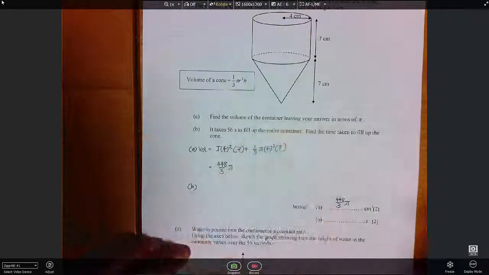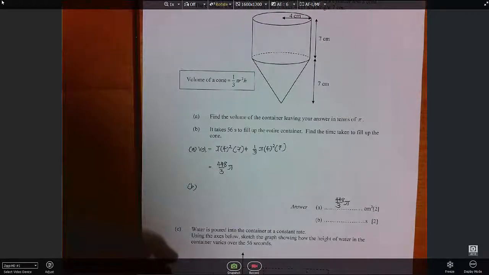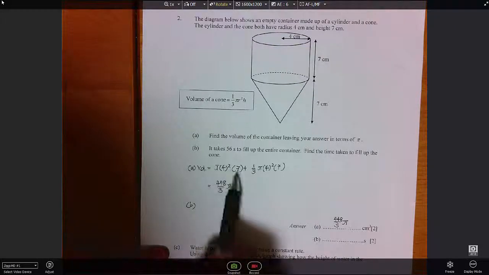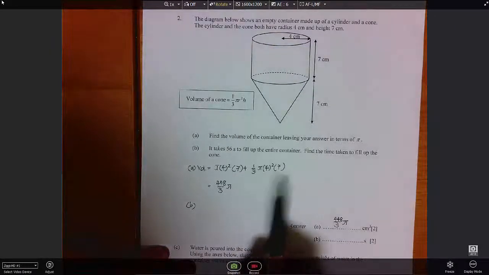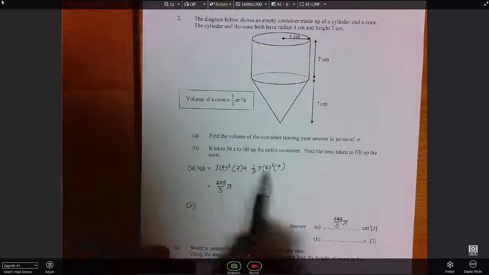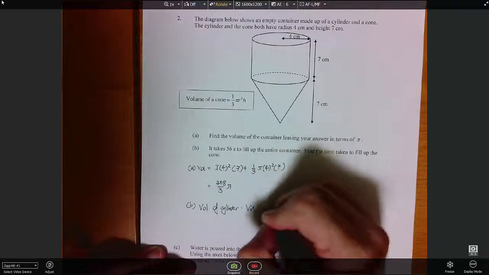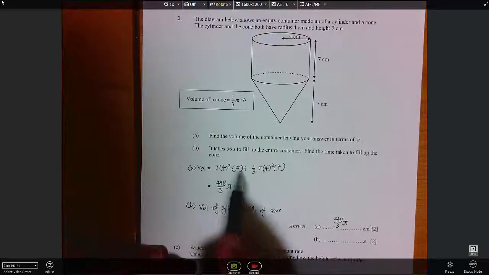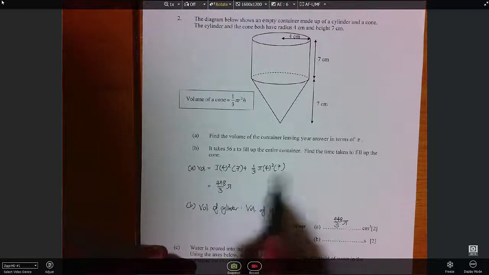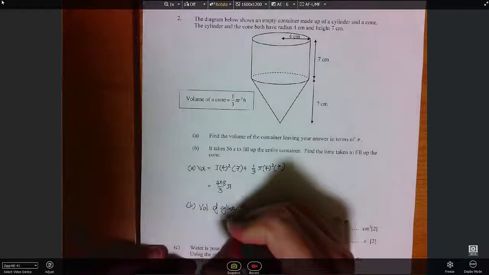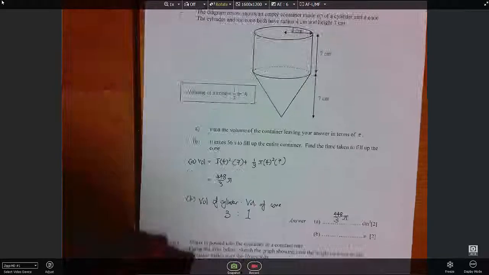Then we go for part B. 56 seconds to fill up the entire container. If you notice down here, this is pi times 4 squared times 7, and here is pi times 4 squared times 7. If this is 3 parts, this will be 1 part. So the volume of the cylinder to the volume of the cone, the ratio is 3 to 1.